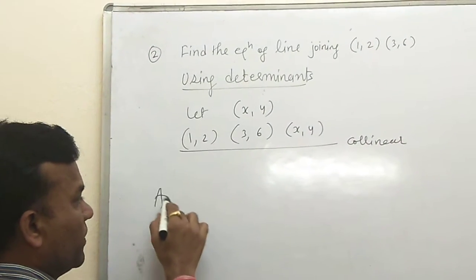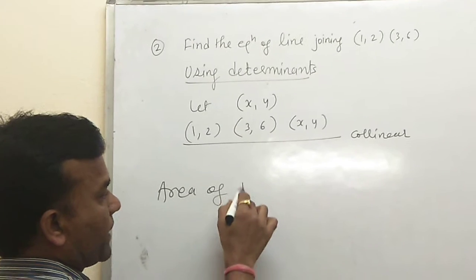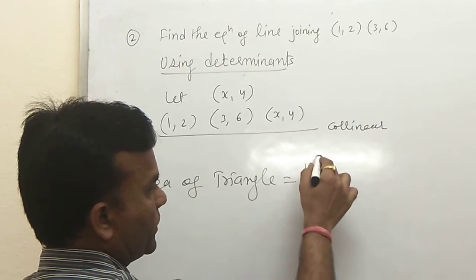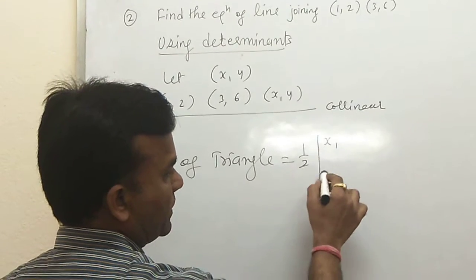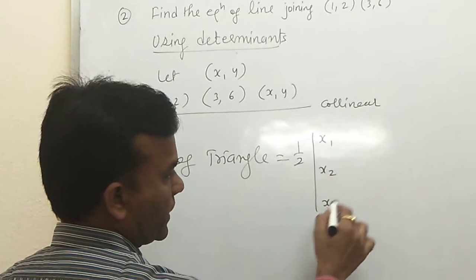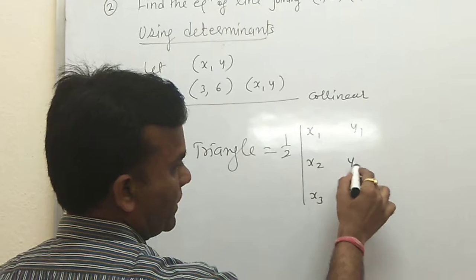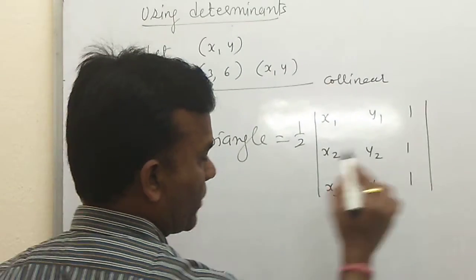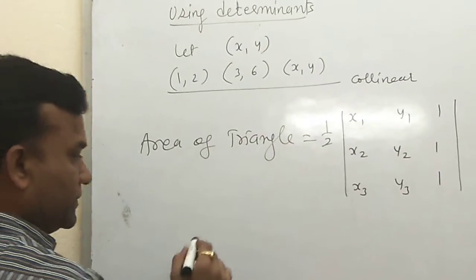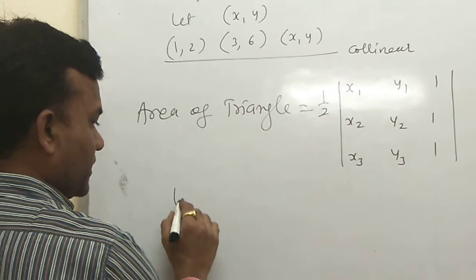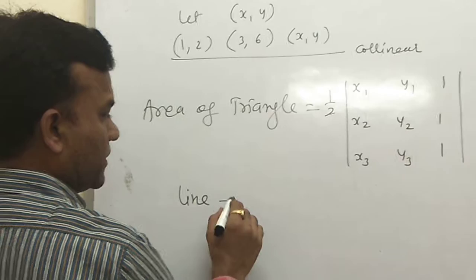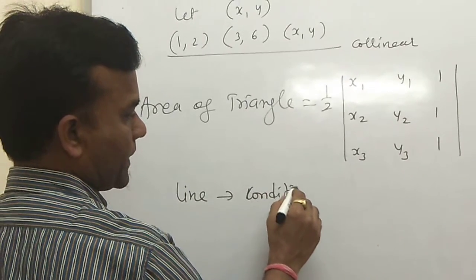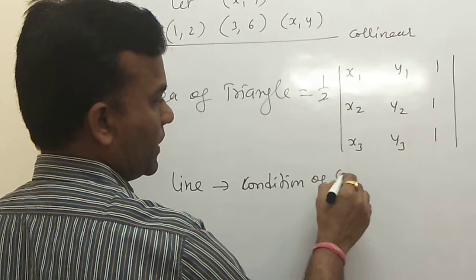So we use the formula for the area of a triangle, 1 by 2 times the determinant with rows x1 x2 x3, y1 y2 y3, 1 1 1. And we know that a line means the condition of collinearity.